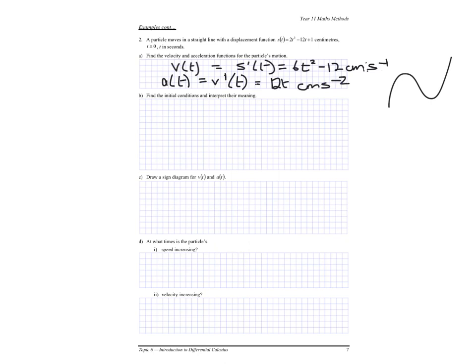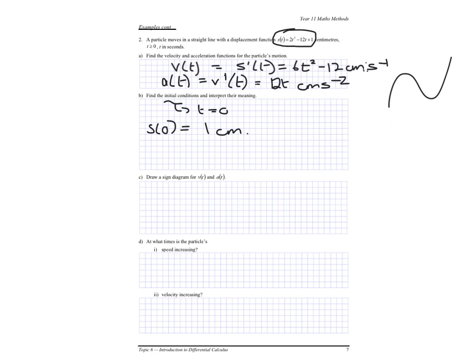Then it says to find the initial conditions and interpret their meaning. Well, the initial conditions are simply when t equals 0. S of 0 is going to be, let's substitute it in. And think about it, if you substitute 0 into this, all you're going to be left with is 1. So S of 0 is going to be 1 centimeter.